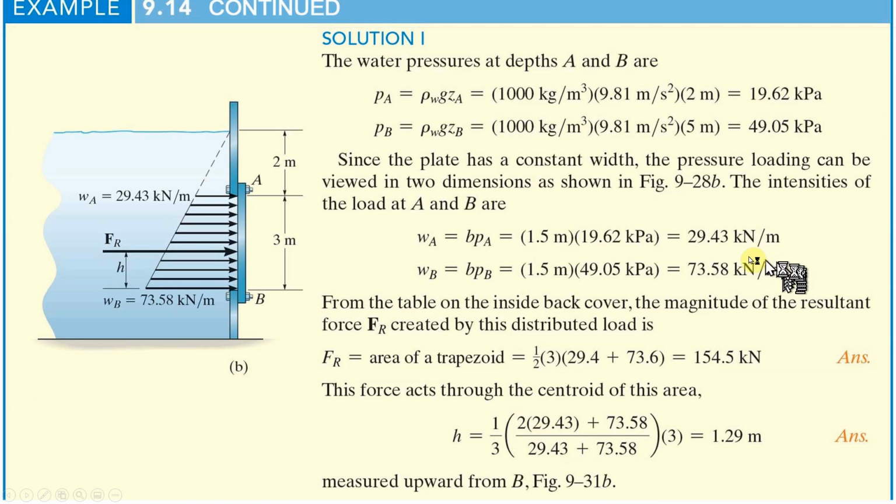Okay, here's the load intensity curve. This is something you look up in the back of the table too. I want to double check that. I don't want to just leave it at that. So let's go double check. Yeah, this is the formula.